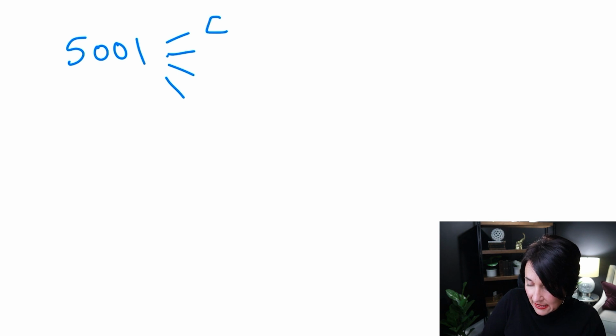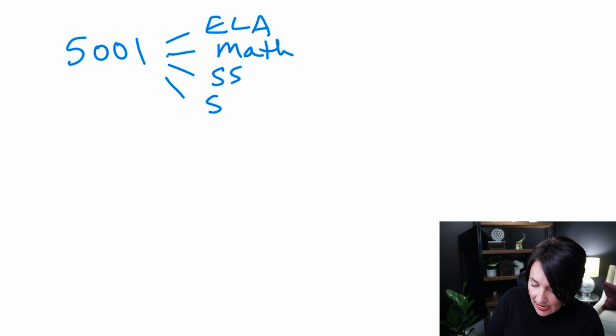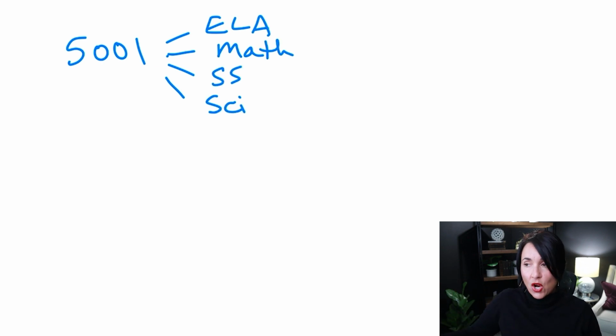So let's go through the elementary education tests really quickly so you understand how they're structured. Most people in most states are using the 5001. This is the regular old elementary education exam that most states are using to certify their teachers in elementary ed. It is broken up into 4 parts: ELA in reading, math, social studies, and science. And those each have their own number.